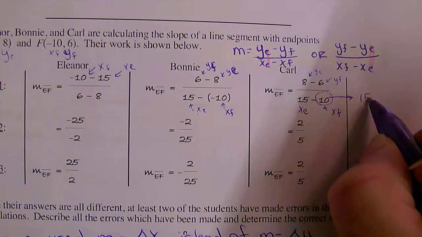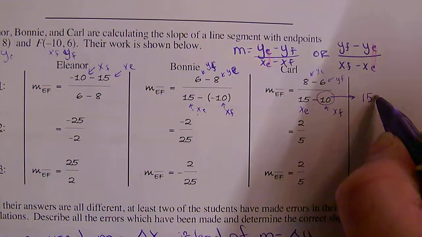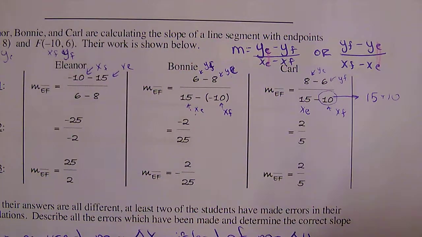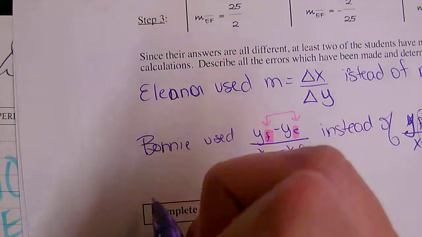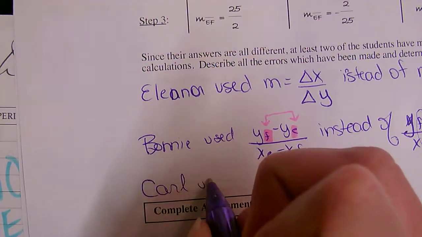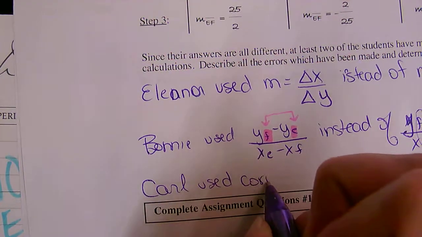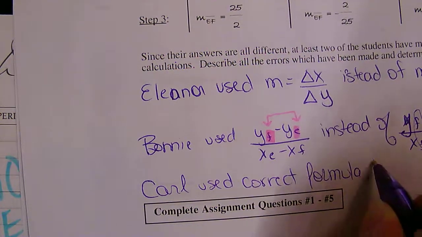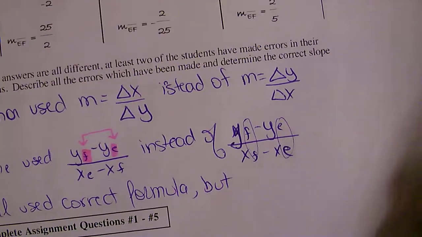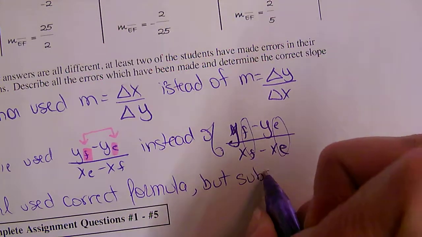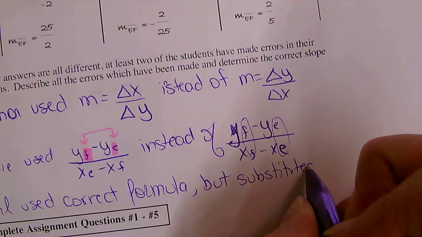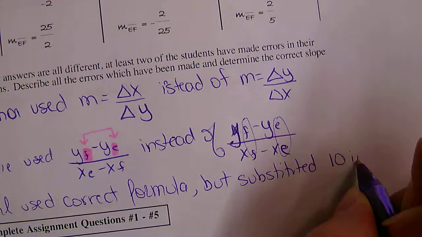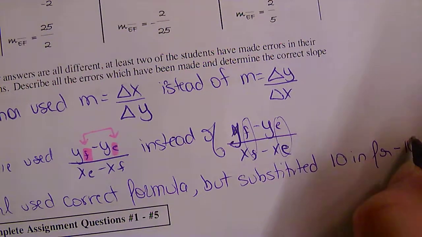So it should be 15 subtract negative 10, so technically this would turn into a plus 10. So Carl used the correct formula, but substituted incorrectly, 10 in for negative 10.